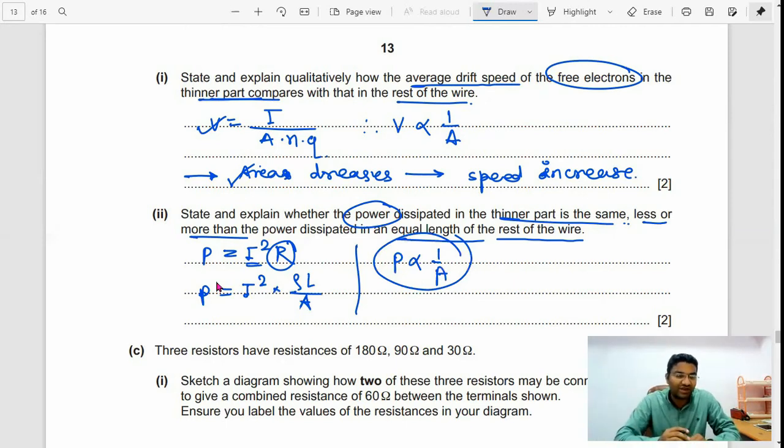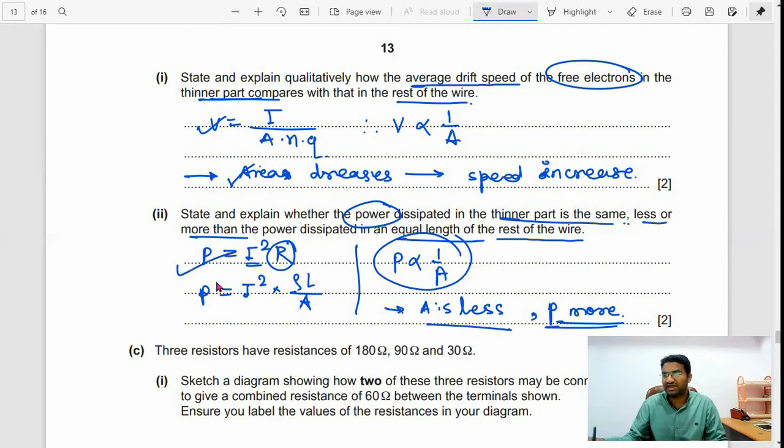So it is an inverse relation. Here you can simply add: A is less, P more. So this is how you can add it simply. For this step, you will get the marks. Fine, simply we have to put out the relation between the power and area.